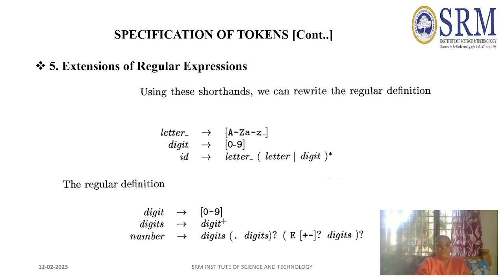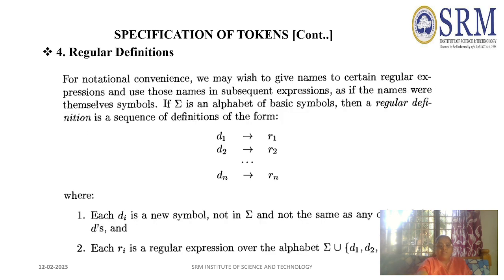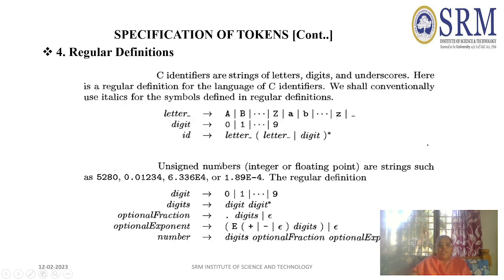And the extension of regular expression, so the shorthands we are going to use. See, for example, in this slide we have seen the letters like A to Z, small a to z. So how can we write the shorthands for this? Letter, this arrow mark, within square parenthesis, capital A to capital Z, small a to small z. Similarly, digit, within square parenthesis, 0-9. We can put it like this.